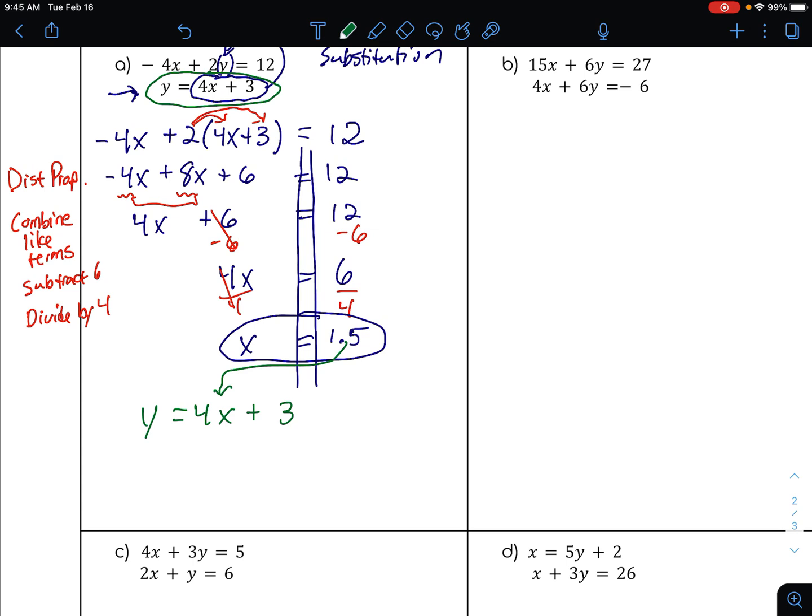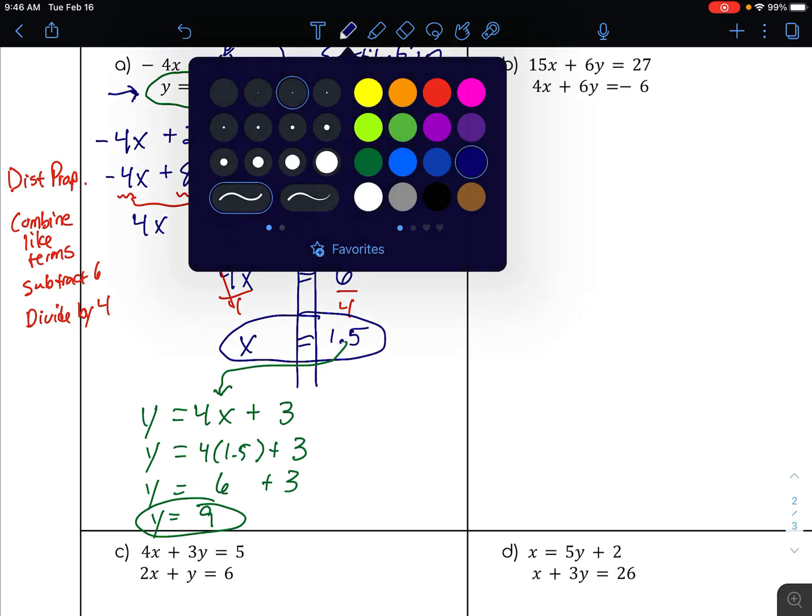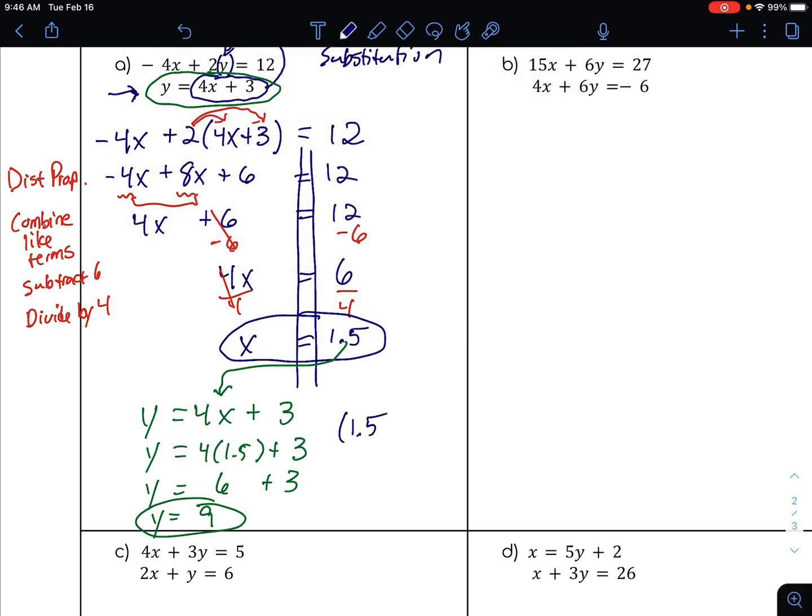So if I just rewrite this down here, we're going to put 1.5 in for x. 4 times 1.5 plus 3. That would be the same as 6 plus 3. Just type this in on the calculator, which is equal to 9. So our solution seems to be 1.5, 9.